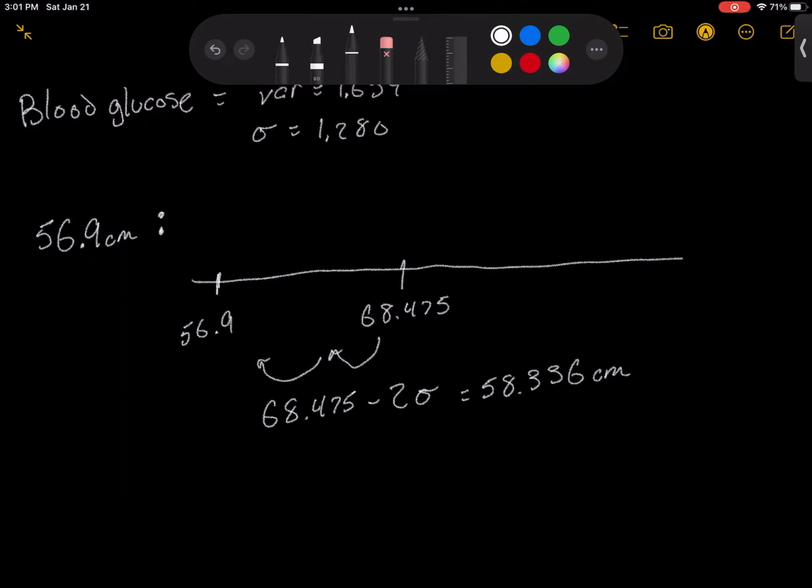So not quite over to 56.9, right? 58.336 centimeters is somewhere right here, somewhere between 56.9 and 68.475. So that means this person who has a height of 56.9 is further than 2 standard deviations away from the average. So they are significantly short compared to our sample. So it is significant.